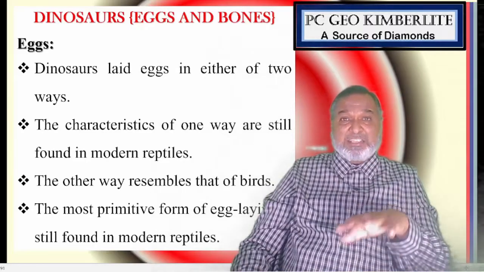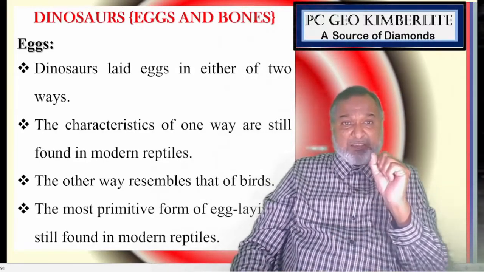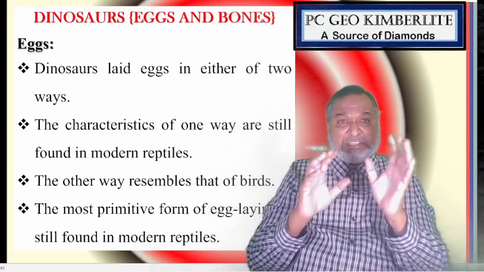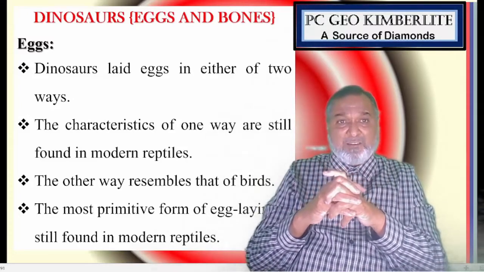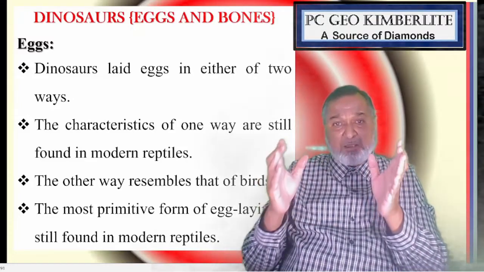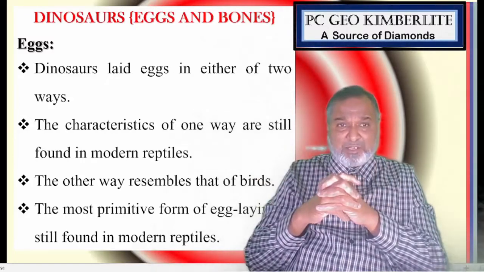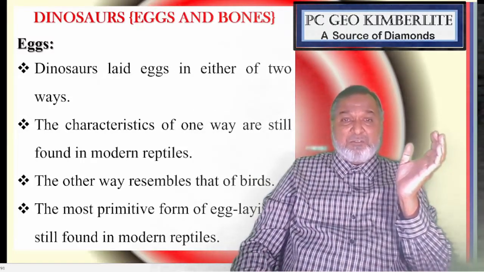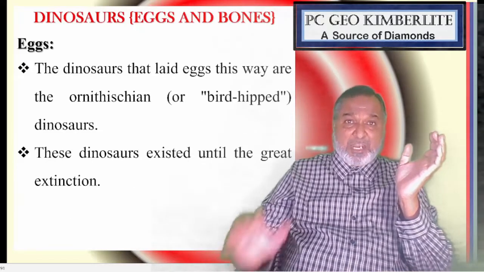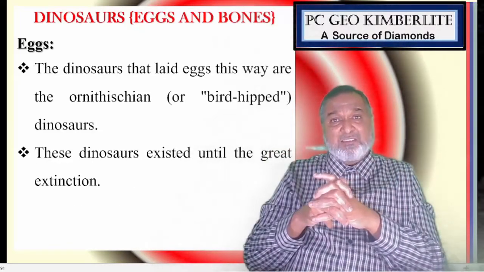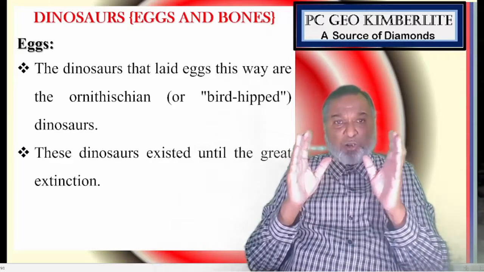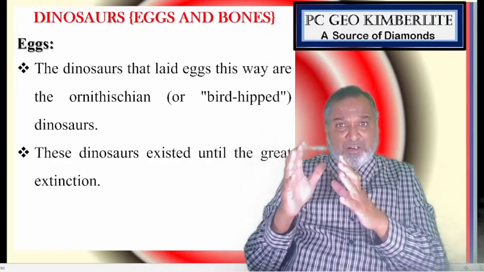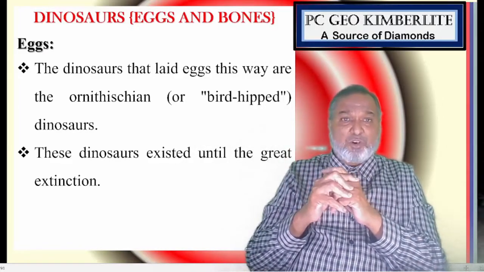Dinosaurs laid eggs in either of two ways. One way is still found in modern reptiles; the other resembles that of birds. The most primitive form of egg laying is still found in modern reptiles. Dinosaurs that laid eggs this way were the ornithischians, that is, the bird-hip dinosaurs.